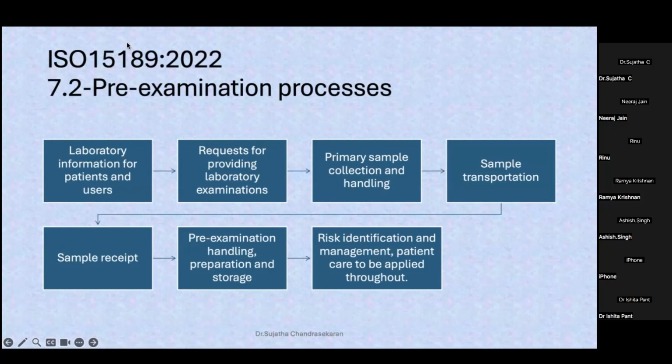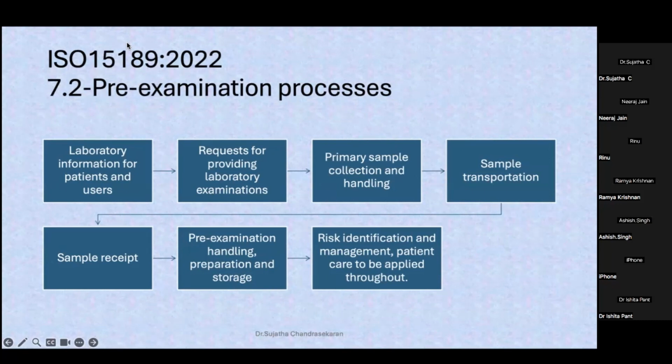What are the contents? Then how to collect the primary sample, the sample collection manual, how to transport either within the hospital or within the lab or from outside, packing instruction, transport instruction, within what time it should come, what are the temperature requirements, in some form of a SOP or part of the sample collection manual. Then how to receive, what are the rejection criteria.